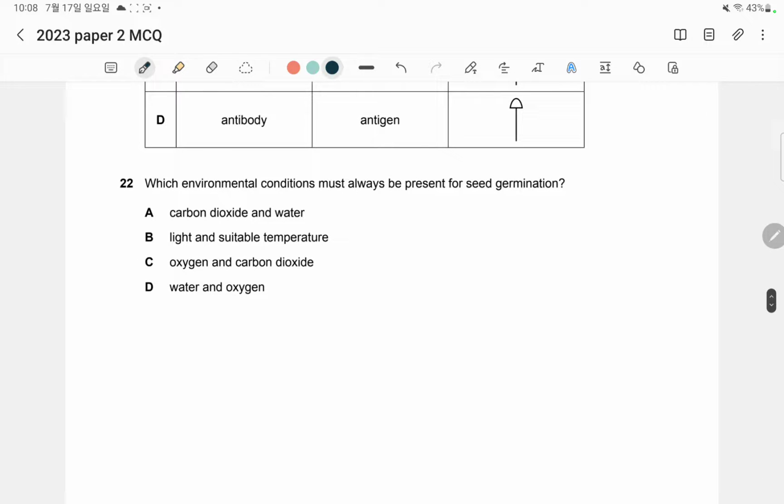Okay, which environmental factor must always be present for seed germination? So the correct answer would be D. So many students make mistakes. They think that they need sunlight in order for seed germination to occur.